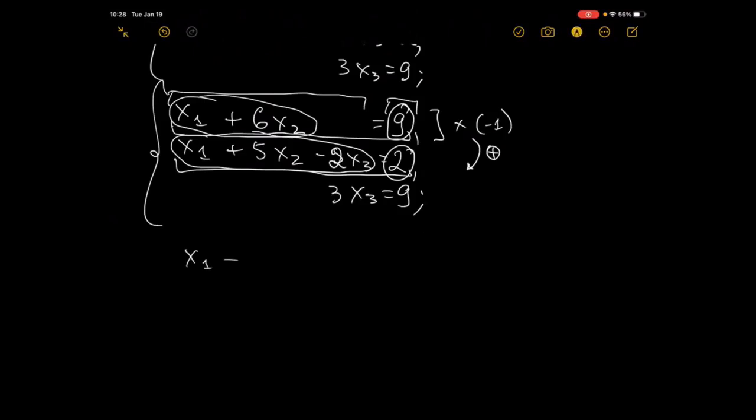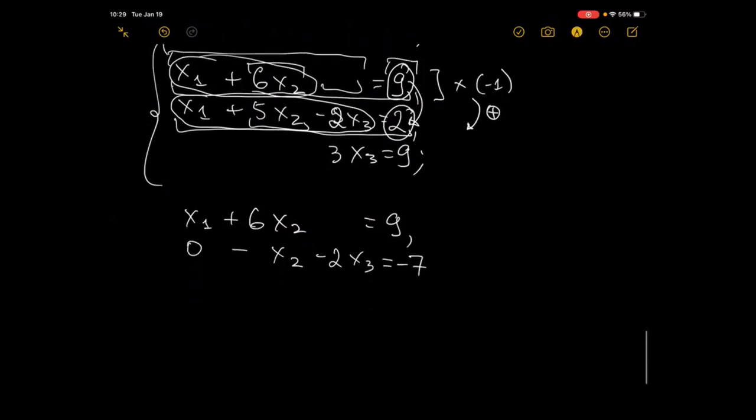So the first equation stays the same. Here, x1 minus x1 will cancel, so 0. Then 5x2, sorry, minus 6x2 is minus x2, right? Here is nothing, so minus 2x3. And here is 2 minus 9, right?